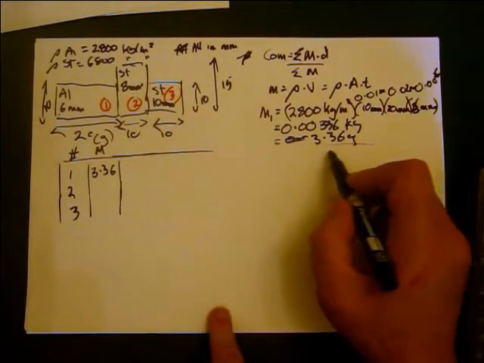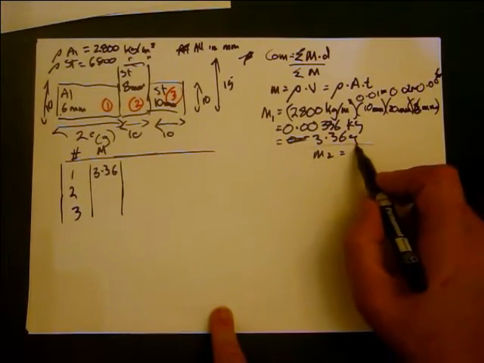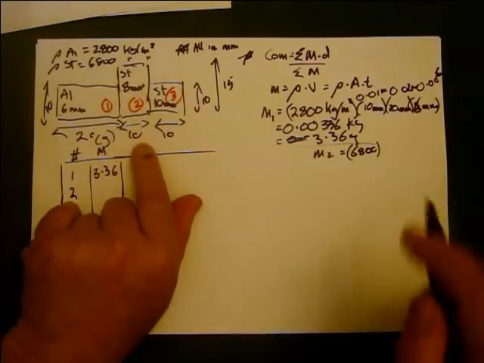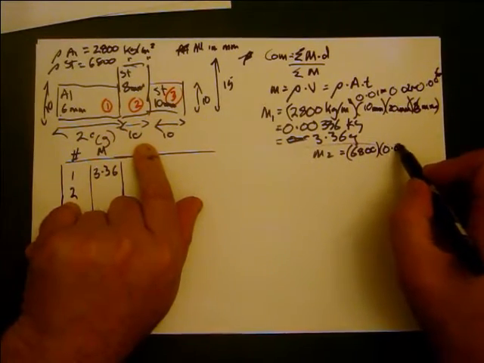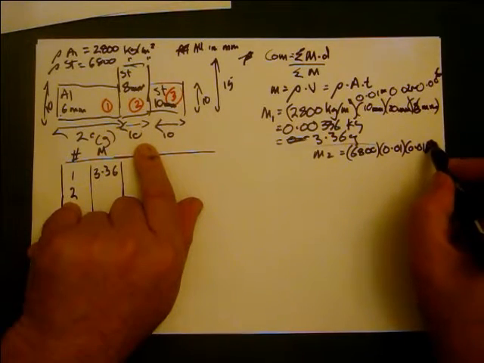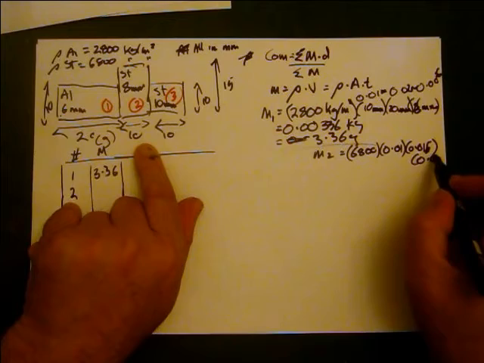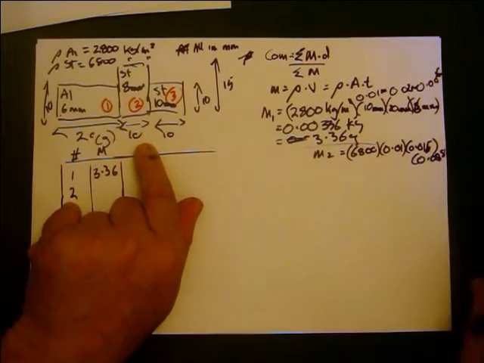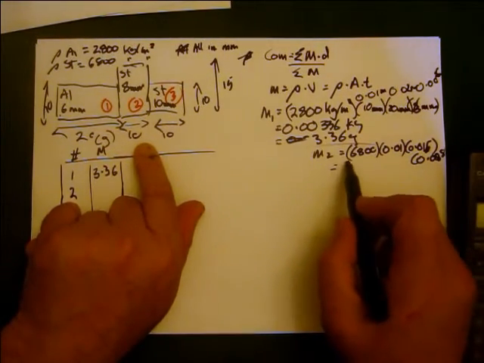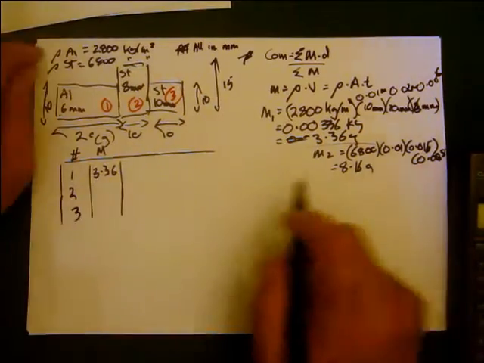Mass 2 is done the same way. It's steel, so 6,800 times 0.01 metres, 0.015 metres, times 0.008 metres for the thickness. So it's 6,800 times 0.01 times 0.015 times 0.008 equals 8.16 grams.